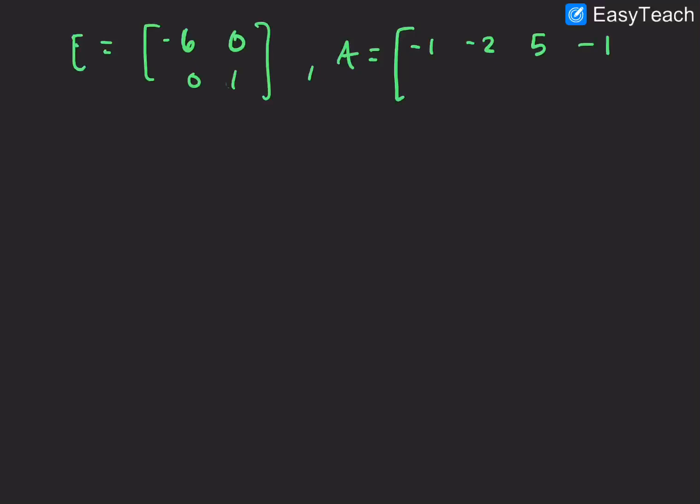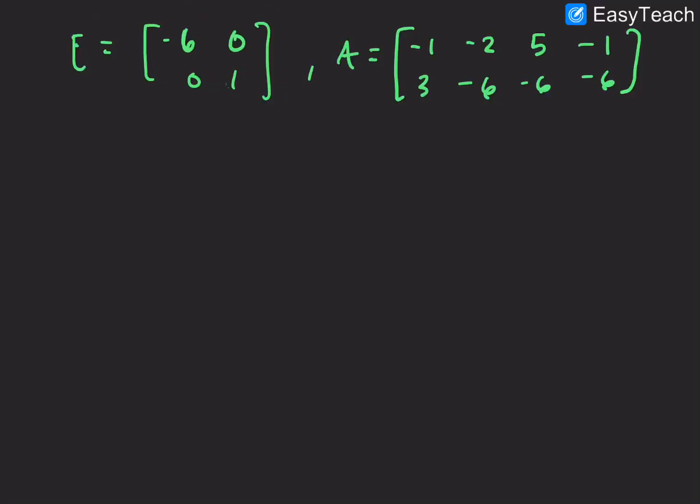Okay, so a cool example that you might encounter is if you're given the elementary matrix and you're told to find the A matrix that corresponds to the elementary matrix. I think that's a good problem. -6, 0, 0, 1.